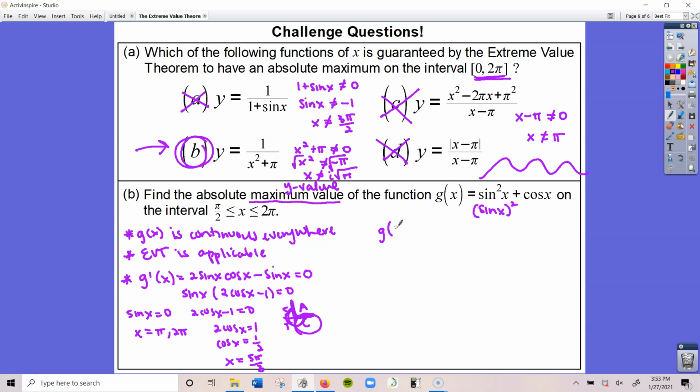So we're going to test g of pi, g of 2 pi, g of 5 pi over 3, and the endpoint that we're missing, which is g of pi over 2. We're not going to do 2 pi because I already have it here.